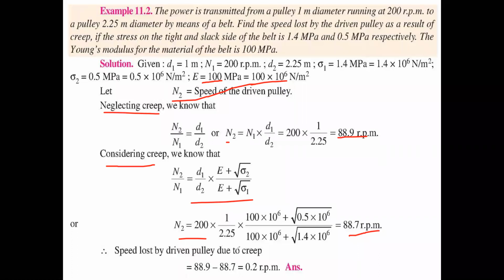So what we find here is the speed lost by the driven pulley due to creep. That is the subtraction of the with-creep value from the without-creep value. 88.9 minus 88.7, so 0.2 RPM is the speed lost by the driven pulley due to the creep.